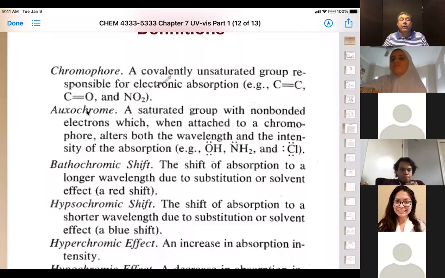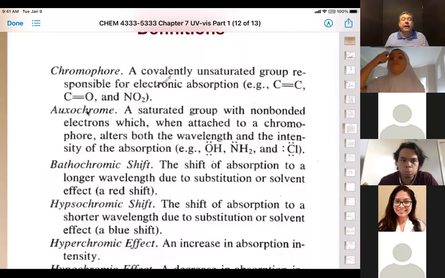Now, if we have a saturated group with lone pairs, like oxygen or nitrogen, attached to or electronically related to a chromophore, it will change the absorption.